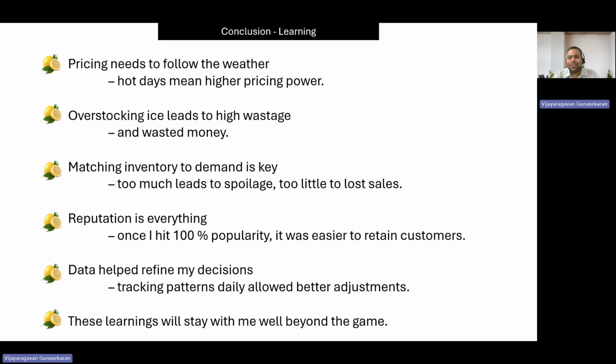So you have to match the inventory versus the demand. Going to the fourth point, reputation is everything. If your reputation is good, the sales will happen by default. Quickly touch 100% popularity so that we can get the premium when there is the right time of a hotter climate.